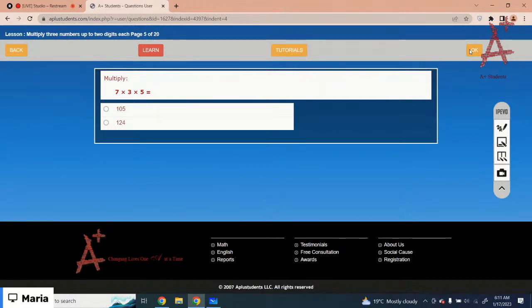Okay, multiply 7 times 3 is 21 and 21 times 5 is, yes, very good. That would be 105. Got it? So the correct option for this one is 105.